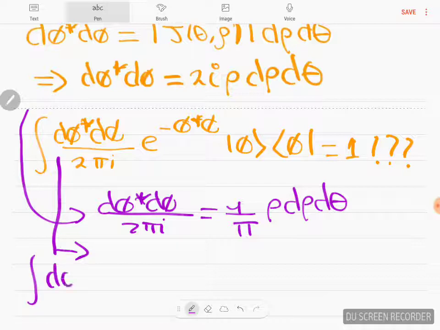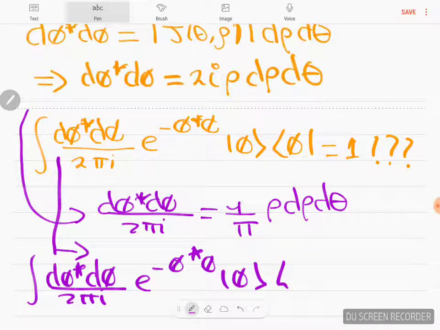The integral of d phi star d phi divided by 2 pi i, e to the minus phi star phi, ket phi bra phi.